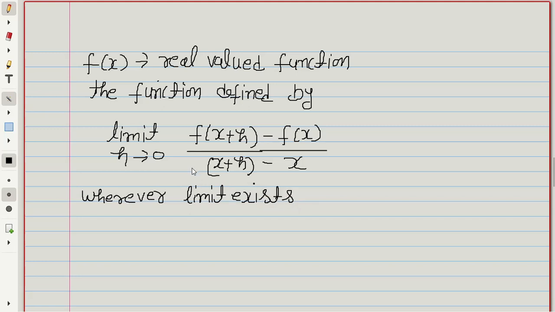That means the limit of the function should exist.